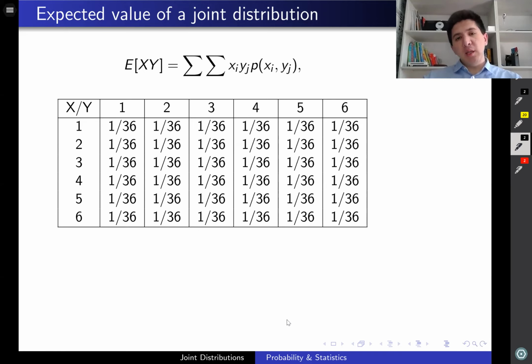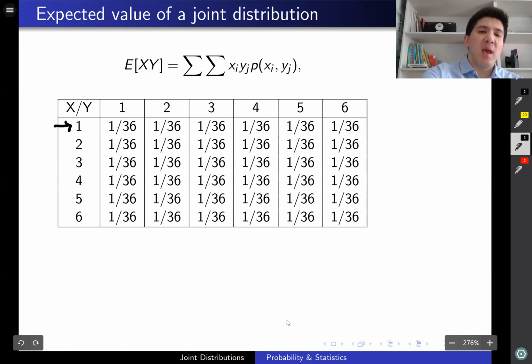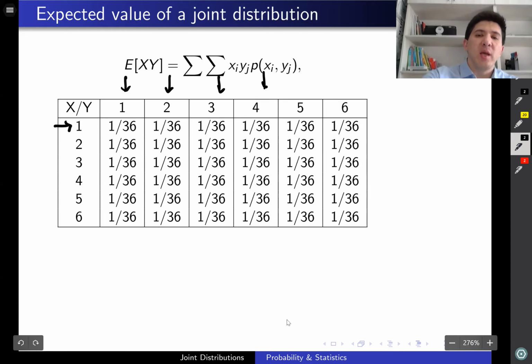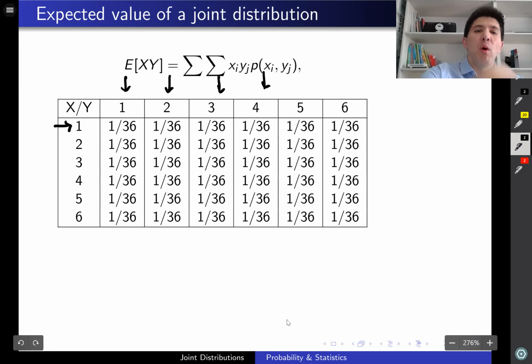In order to do this, we need to take one value of X and go through all the values of Y and multiply. Basically, X=1 is multiplied by Y=1 and by its probability, then X=1 multiplied by Y=2 and by its probability, and so on.